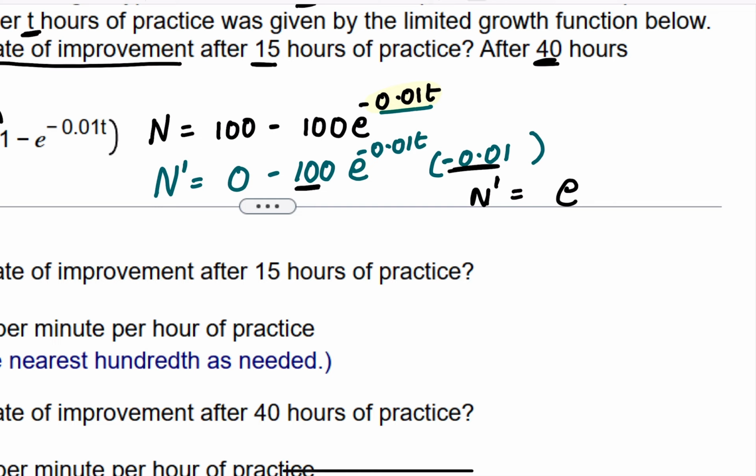And now this is negative 0.01 t, because this times this gives me 1, negative times negative gives me a positive, and this stays. So my n prime, my rate, is e to the power negative 0.01 t.